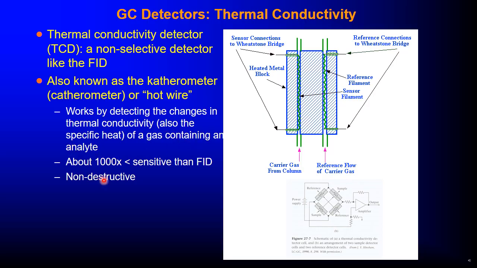It is about 1000 times less sensitive than the flame ionization detector. So the flame ionization detector is very sensitive compared to the thermal conductivity detector. But it is non-destructive. That is now the good part of it.